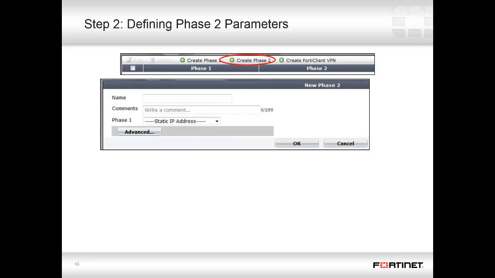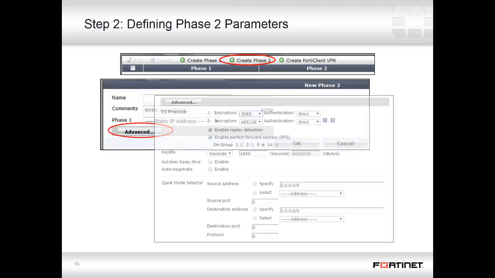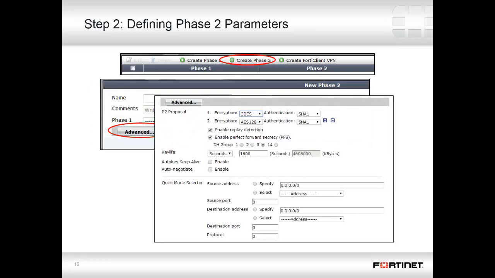This is a sample of the screen where you create a Phase 2. You must specify a name for the Phase 2 and bind it to a Phase 1. You can then click on the Advanced button to open and edit additional Phase 2 settings such as the encryption and authentication algorithms, perfect forward secrecy, and the quick mode selectors.